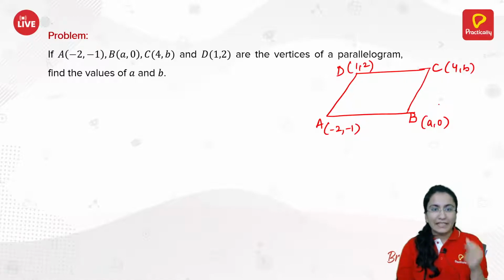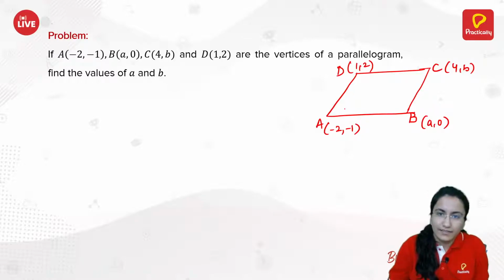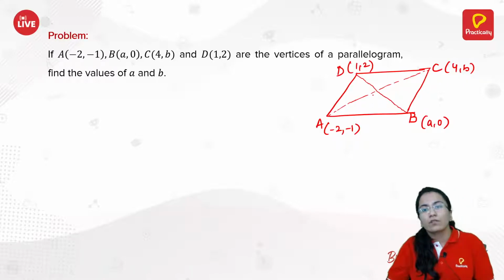For that you need to recall a property of a parallelogram. What property exactly is it? Let's see this using the figure. If you draw the diagonals of a parallelogram, then the diagonals bisect each other.